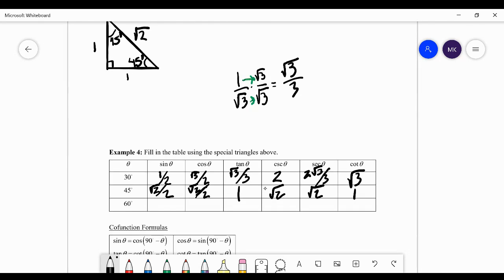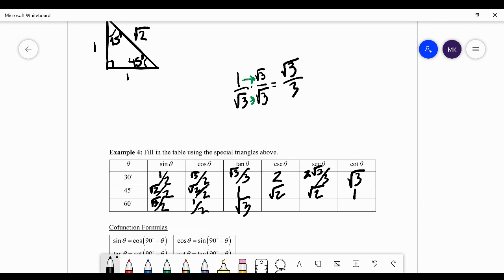Because 30 and 60 are in one triangle with 90 degrees, their opposites and adjacents just flip, which means sines and cosines flip. So sine of 60 is root 3 over 2, and cosine of 60 is 1/2. That's really cool. Now, what about tangent? Tangent is opposite over adjacent. If the opposite and adjacent sides flipped, it's just the cotangent of 30, which means that's just root 3.